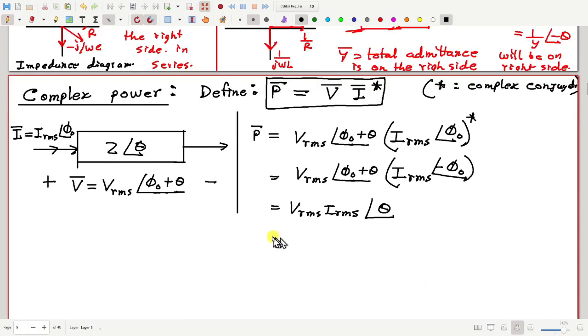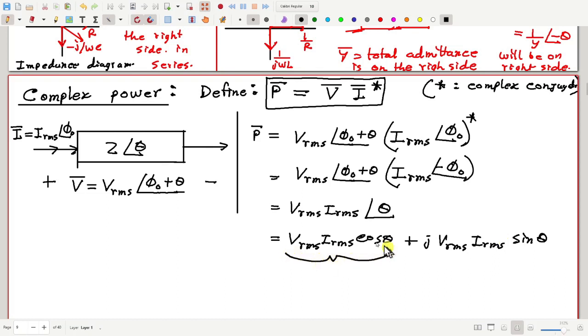Now, if I expand this in rectangular form, I will get VRMS IRMS cos theta plus j VRMS IRMS sin theta. What do we see here? We see that the real part of this complex power is the same as the active power which we have defined earlier.